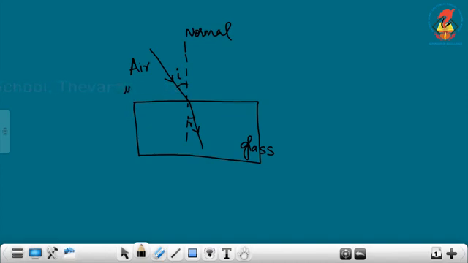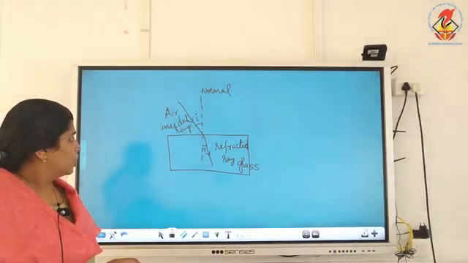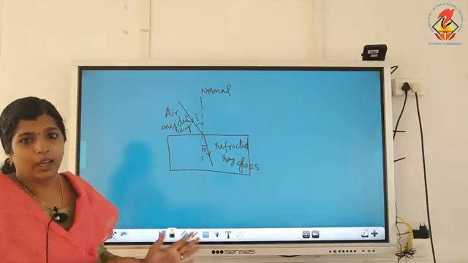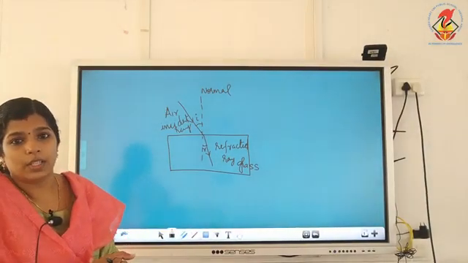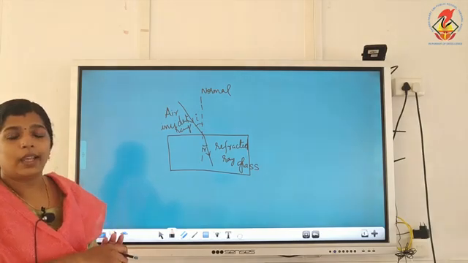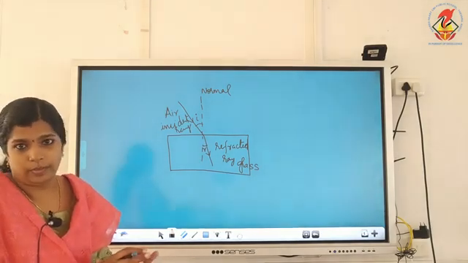This one is the incident ray, this one is the refracted ray, and this angle is the angle of refraction. The same letters are used here: I is the angle of incidence and R is the angle of refraction.